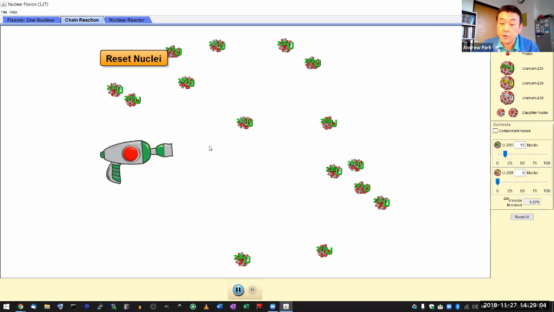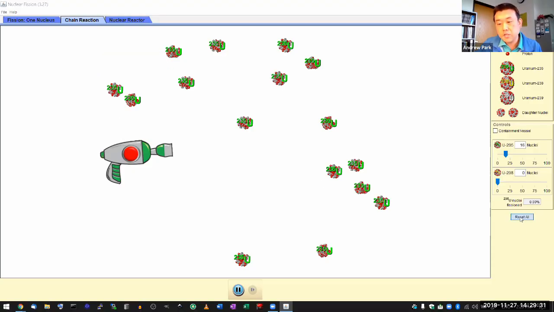And for us to get additional reactions, we would have to keep putting in neutrons. It feels like it takes a lot of effort. It doesn't feel like something where you trigger something and something big happens. What happened was something small and it didn't continue happening. So that's not quite a chain reaction.